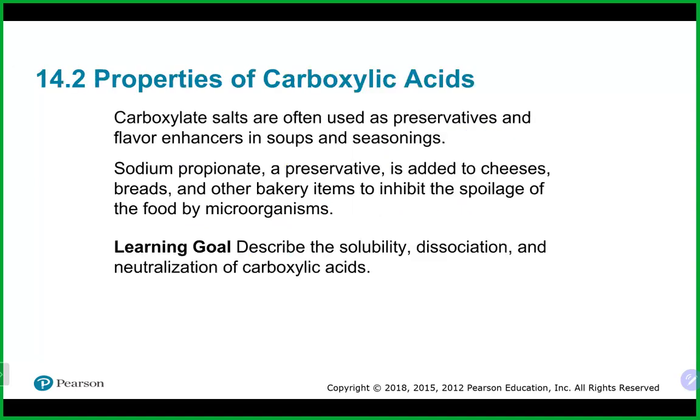All right, so let's talk a little bit more about these properties of carboxylic acids. Carboxylic acids basically will do acid-base chemistry, and they will create what are sometimes referred to as carboxylate salts as they go through an acid-base reaction. They're used for preservatives, flavor enhancers, and seasonings.